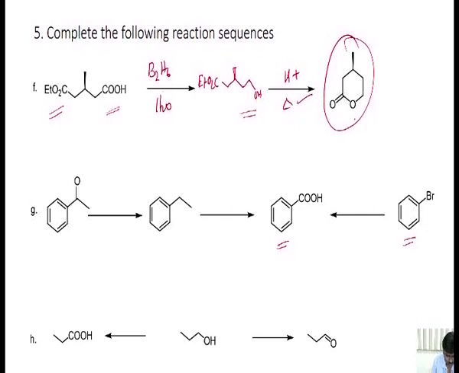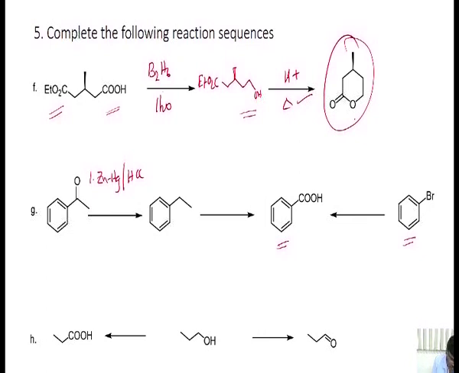Ketone or carbonyl compound can be readily reduced into hydrocarbon by Clemmensen reduction using zinc amalgam in the presence of HCl. That can reduce aldehyde and ketone into hydrocarbon, which is known as Clemmensen reduction.